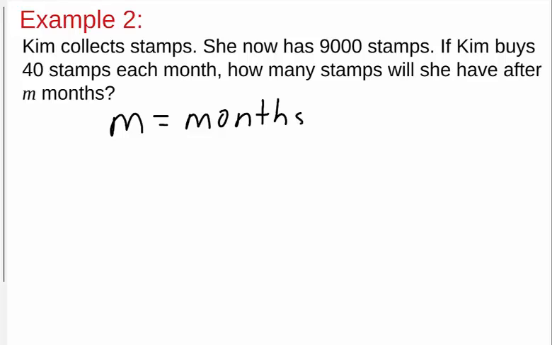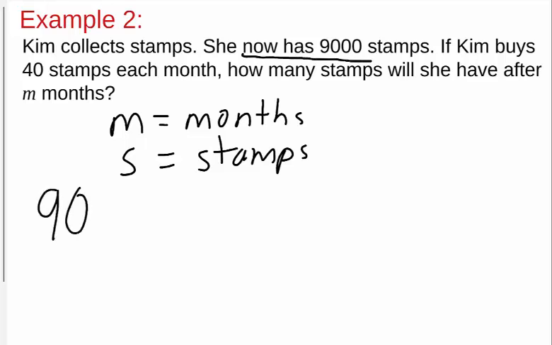And so we need another variable. We need stamps. So let's call stamps S, since it's the first letter in stamps. All right, she now has 9,000 stamps. So we start off with 9,000.